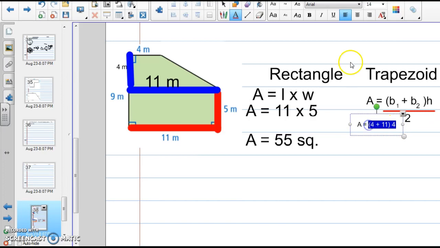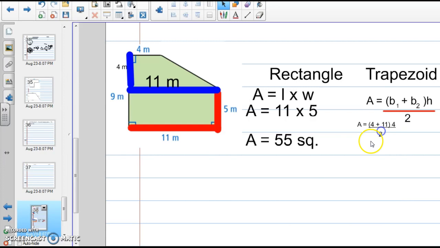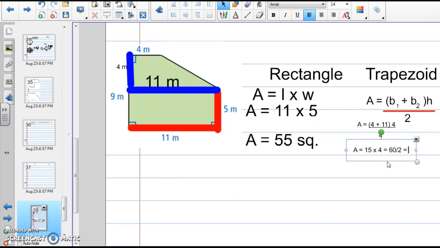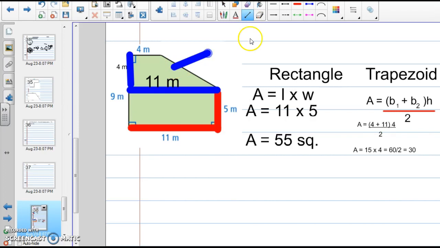And then after we do all that, we're going to divide by 2, because remember, a trapezoid is half of a parallelogram. Okay, 4 plus 11 is 15. 15 times 4 is 60. And 60 divided by 2 is 30. So the area of this trapezoid is 30 square meters.